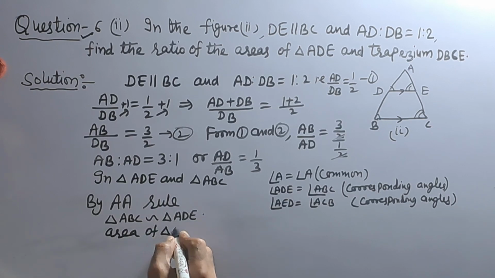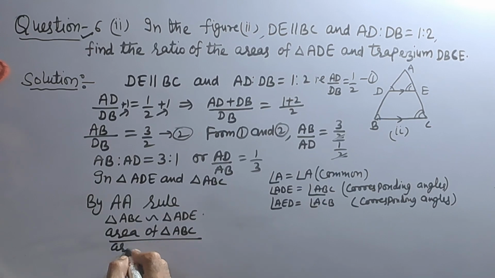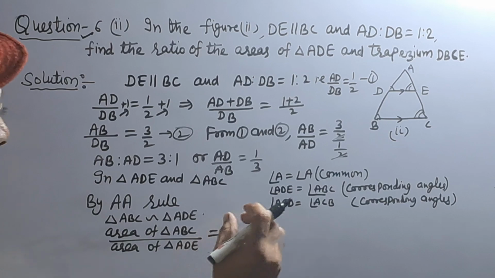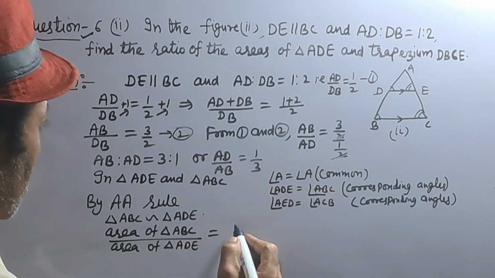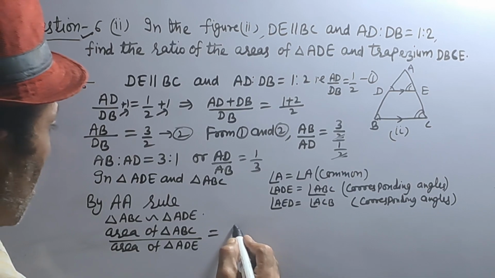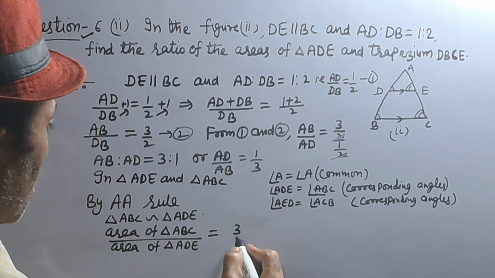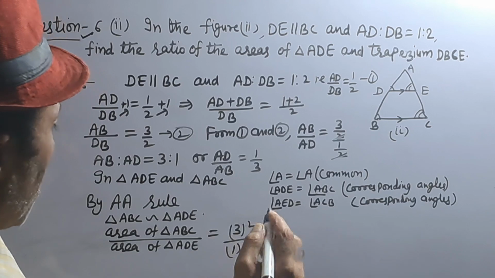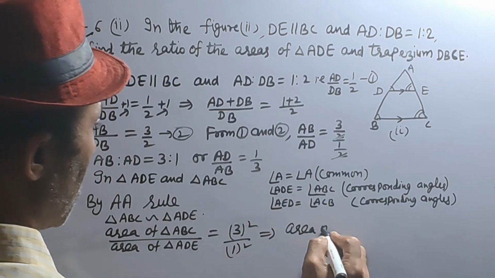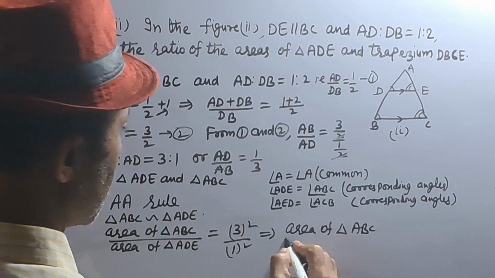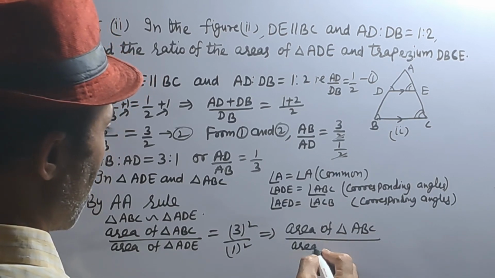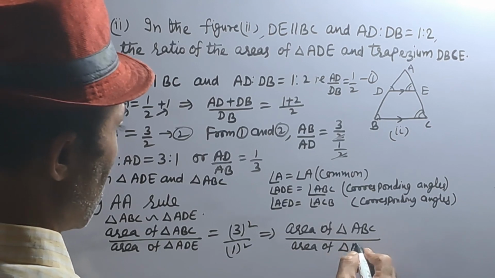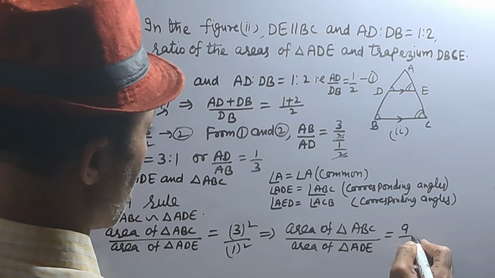Area of triangle ABC divided by area of triangle ADE is equal to 3 square upon 1 square, that is equal to 9 upon 1.